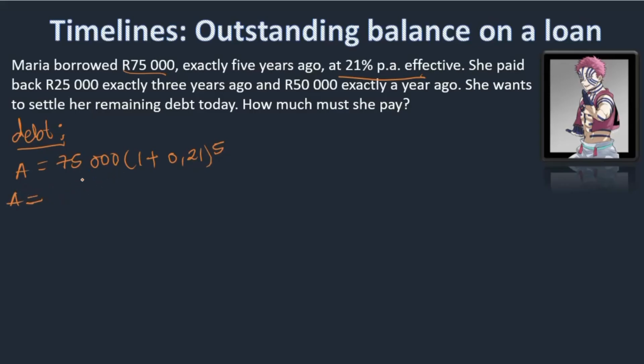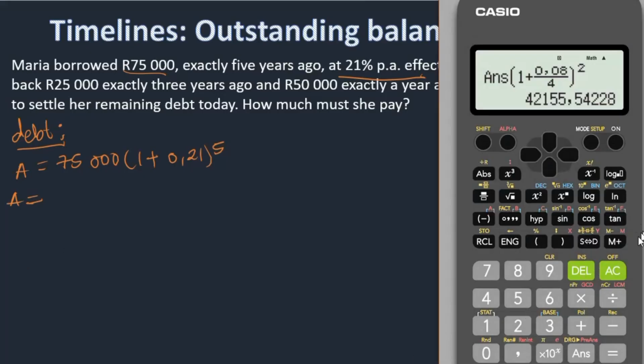So I'm going to check this on a calculator and see what are we getting. So I have 75,000 open bracket 1 plus 0.21, sorry, and this must be raised to 5, exponent 5. Made no mistake, right?